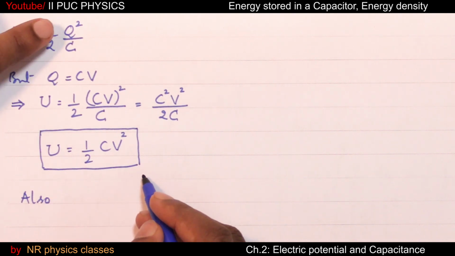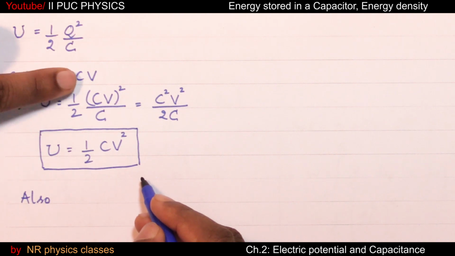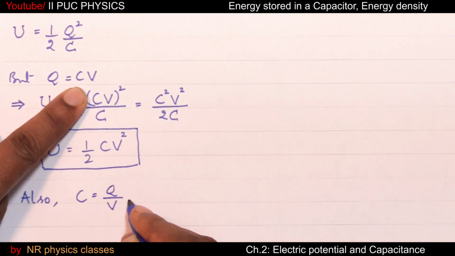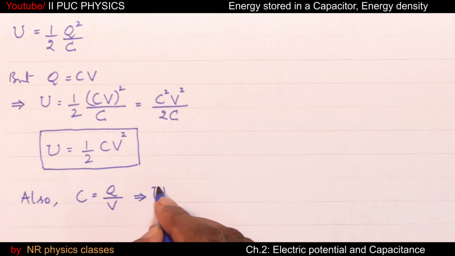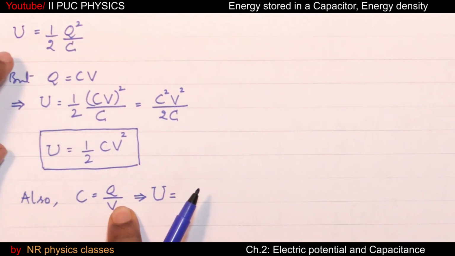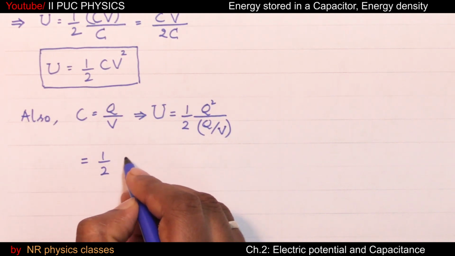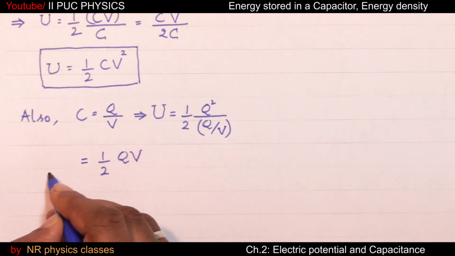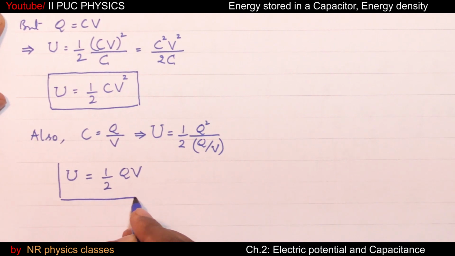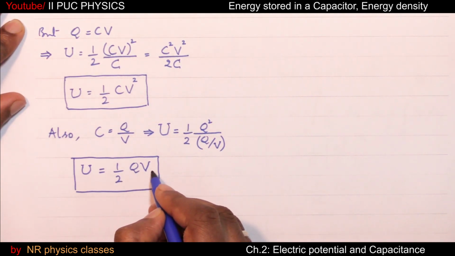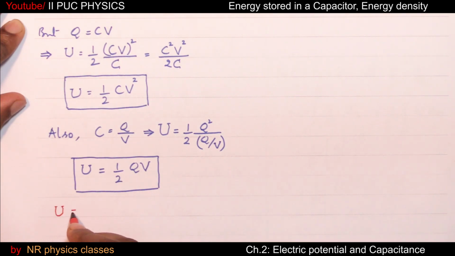Also, in this step we have substituted for Q. Now let us substitute for C. Also, C equal to Q by V implies potential energy equals half Q square by Q by V. Q cancels, so it is half into Q, and this V goes to the numerator, V. So this is the expression for potential energy in terms of Q and V. Therefore, potential energy in terms of Q and V is half QV.